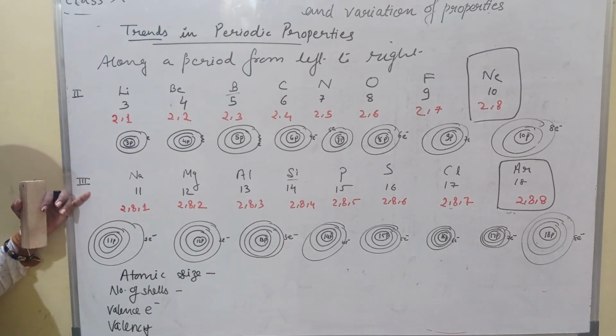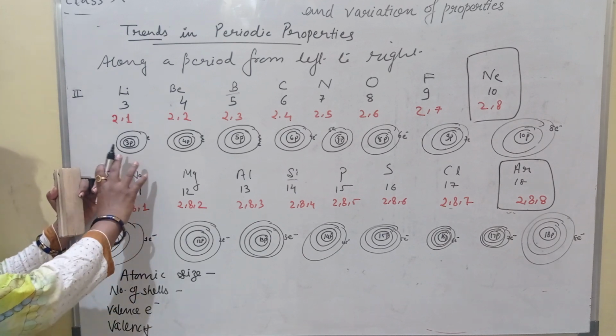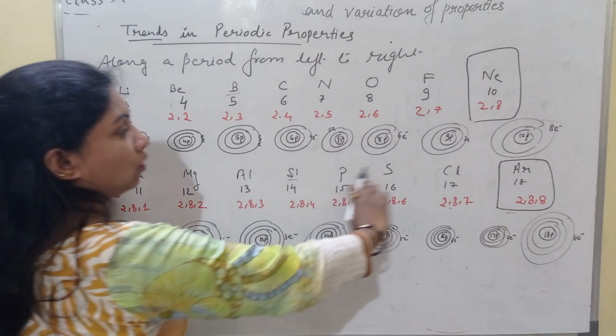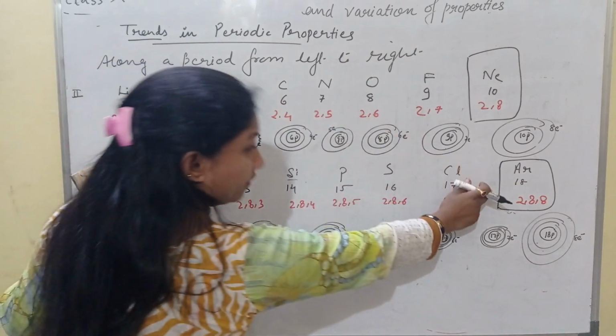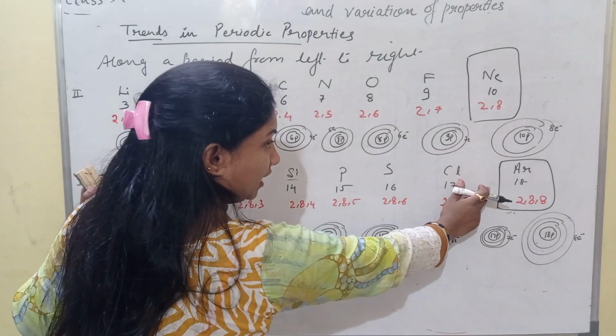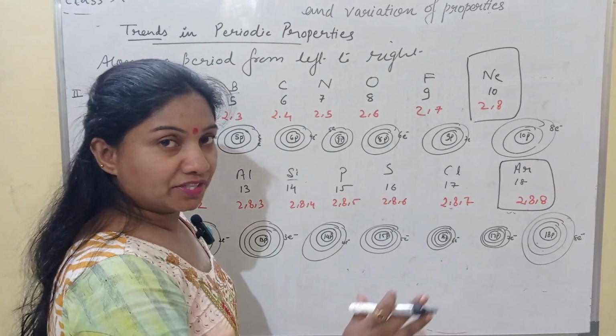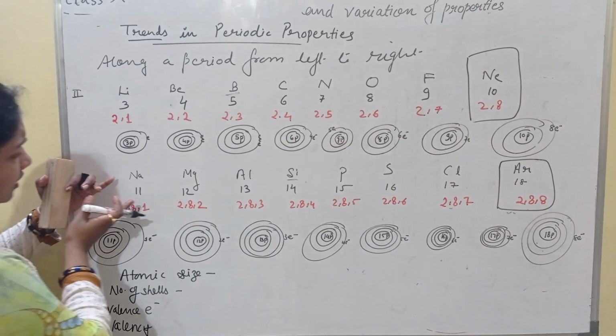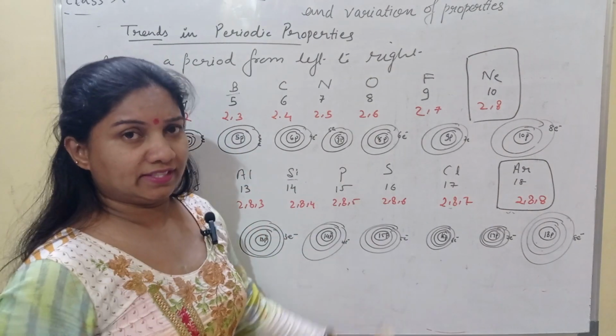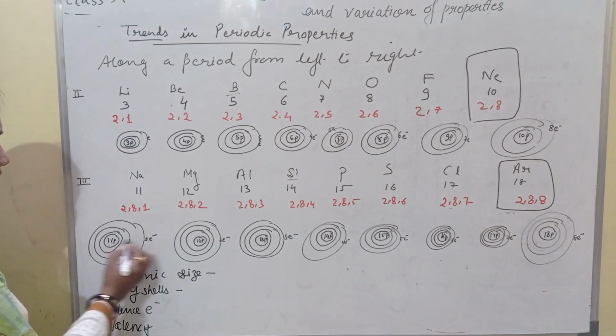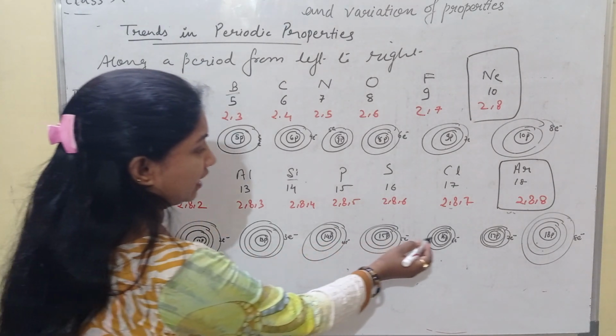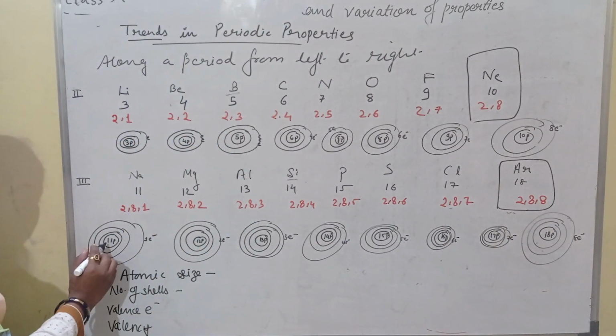Similar is the case with the third period elements. Here sodium has the biggest size among all these elements except for argon, because it is a noble gas and it has another reason. So this size will eventually go on decreasing. Why? Due to increase in nuclear charge inside the center of the nucleus.